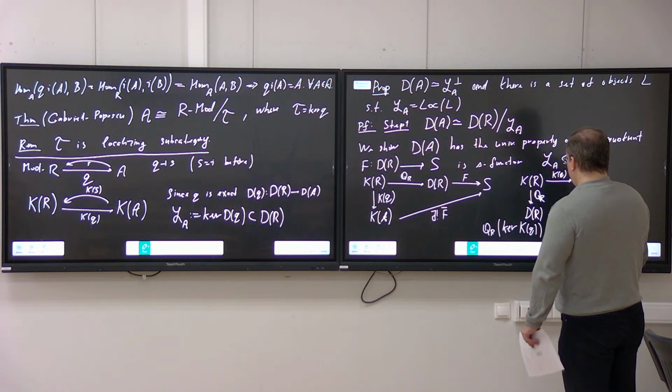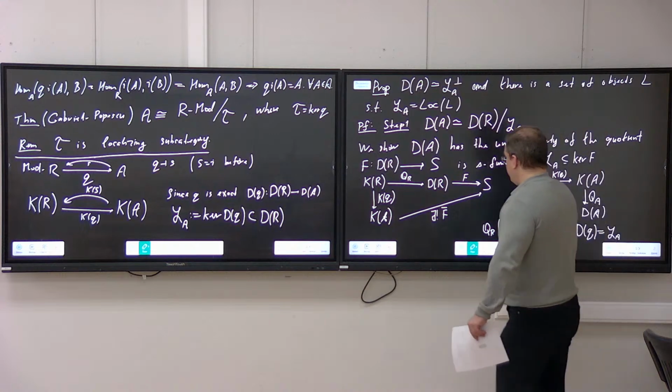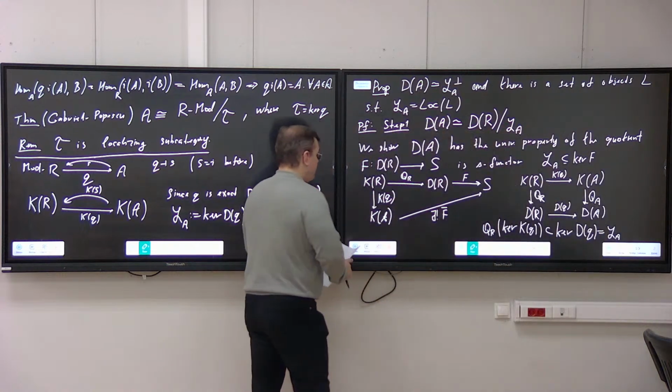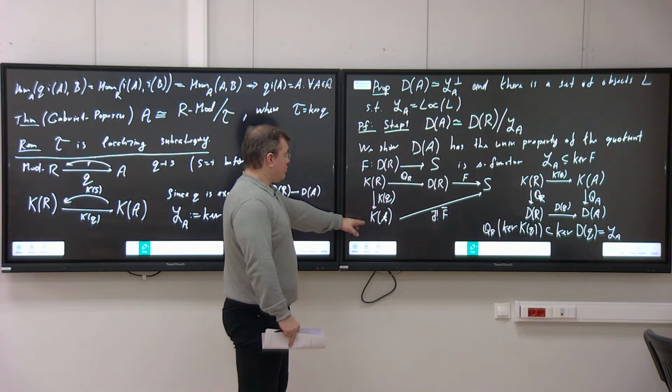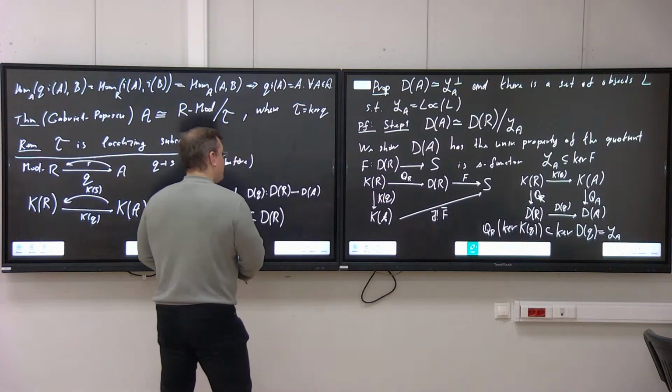So by using the universal property of this quotient, now I can claim that there is a unique functor F with a bar.